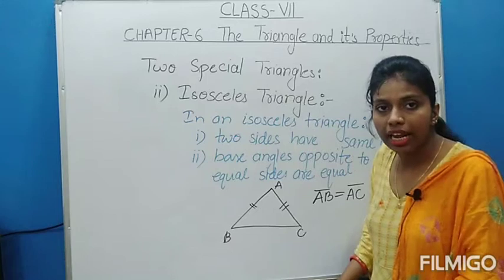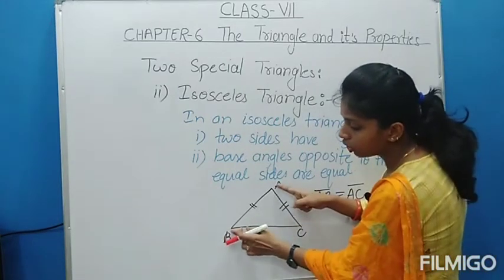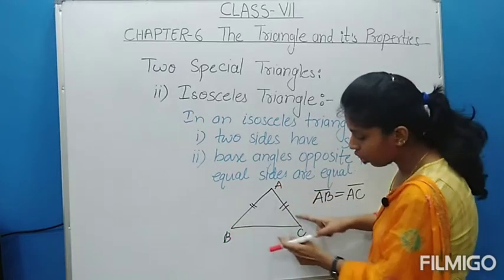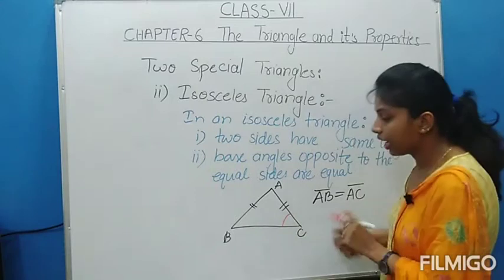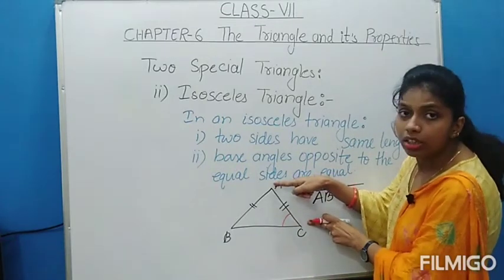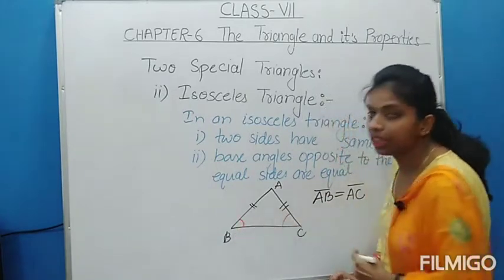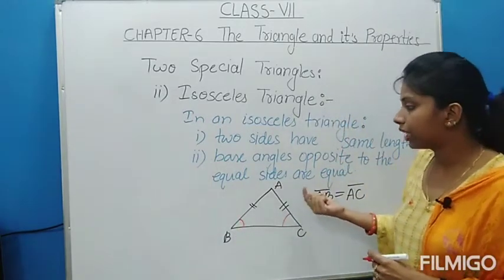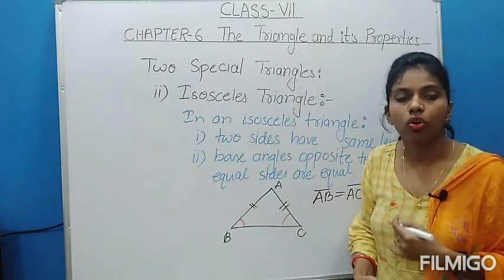So what are the angles opposite to these equal sides? The angle opposite to the side AB is angle C. In the same way, the angle opposite to the side AC is angle B. So according to this property, angles opposite to the equal sides are also equal.